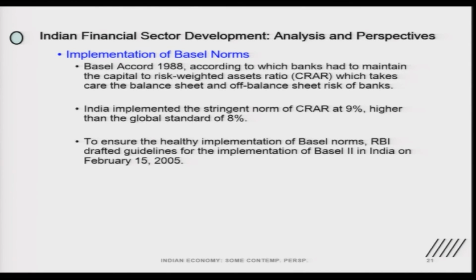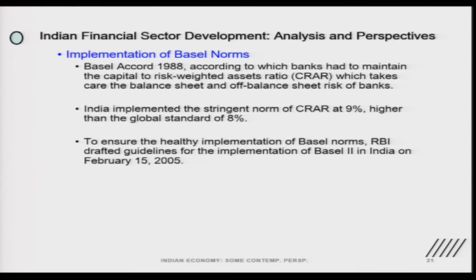As such, there was no regulatory provision at that time. So this CRAR requirement became really important: what should be the minimum capital based on certain portfolios of loans. At that time India took a forward-looking step and set the CRAR rate at 9%, higher than the global standard, right.